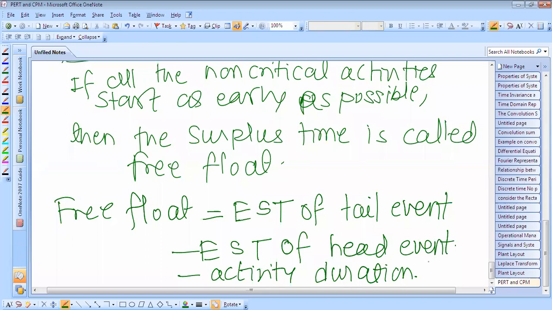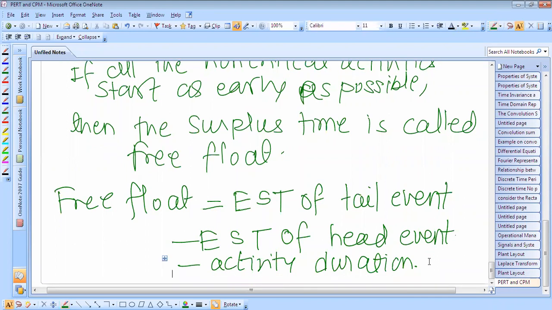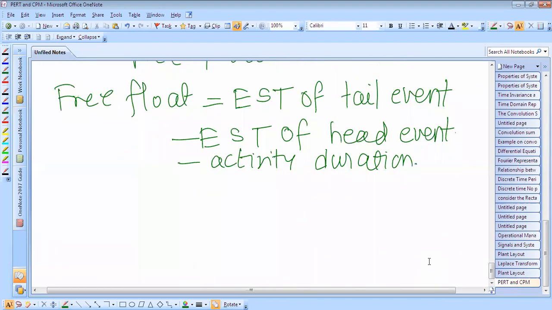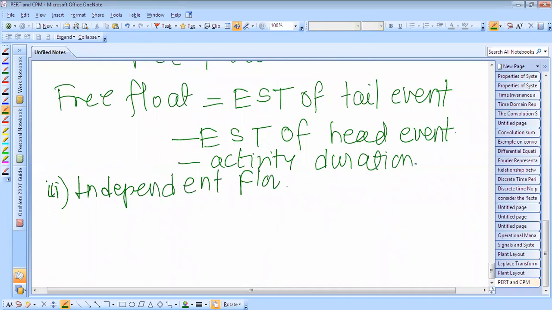And next is the independent float. The use of independent float of an activity does not change the float in other activities.